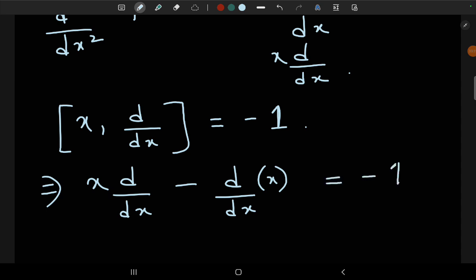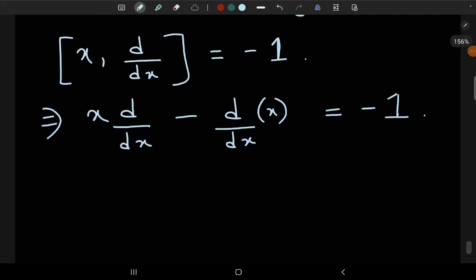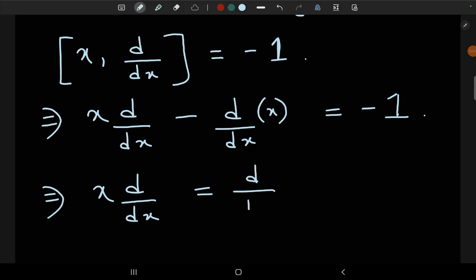Okay, and if we have this, then x d/dx was actually equal to, sending this to the right hand side, d/dx acting on x plus 1, rather than minus 1.